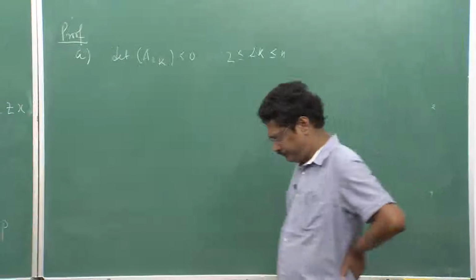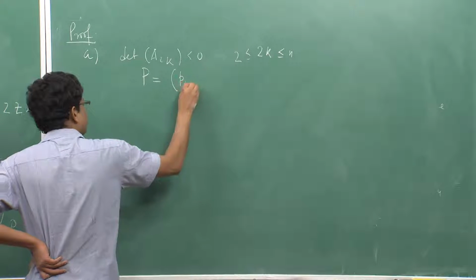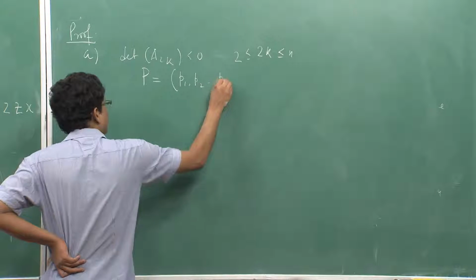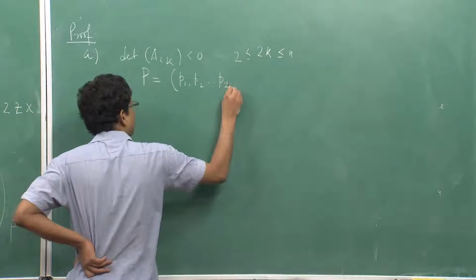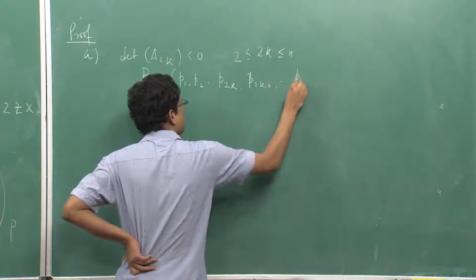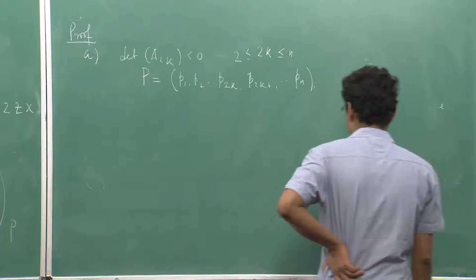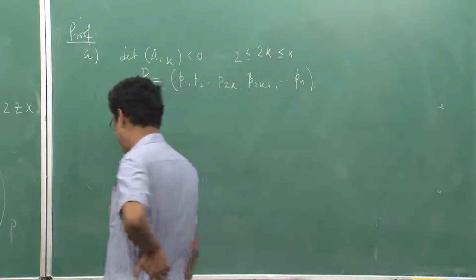Okay. Let me have this critical point P, and write it as P1, P2, ..., P2k, P2k+1, ..., Pn.